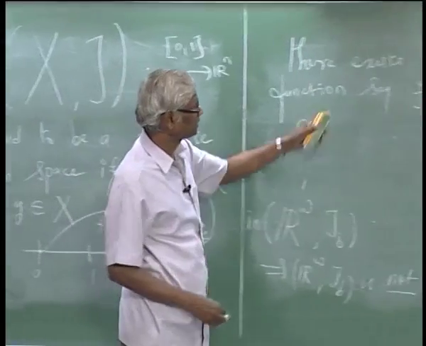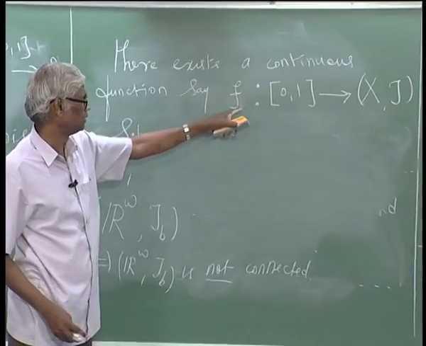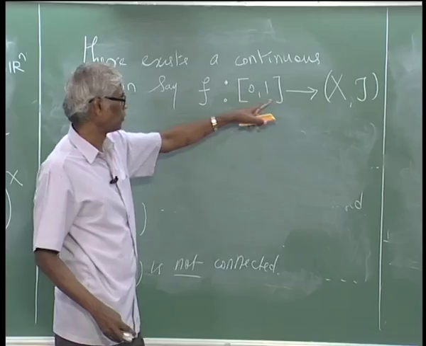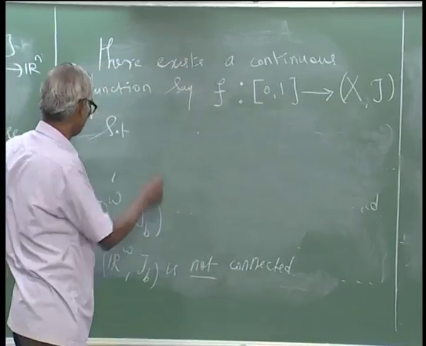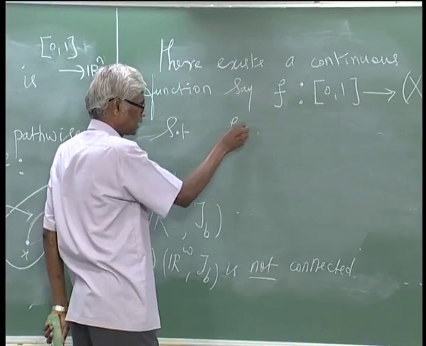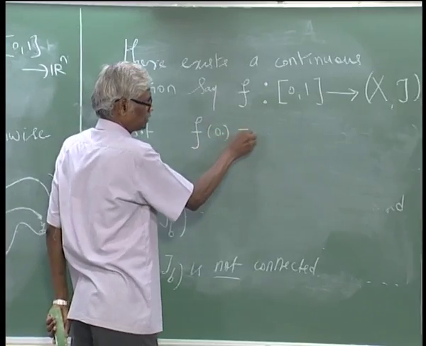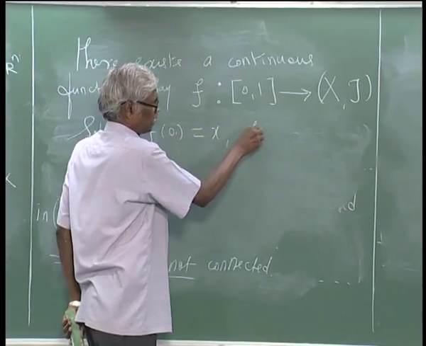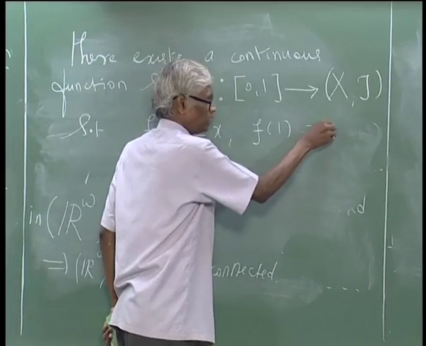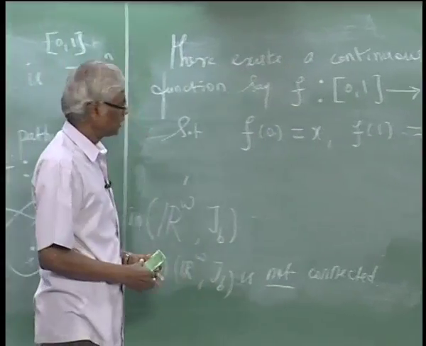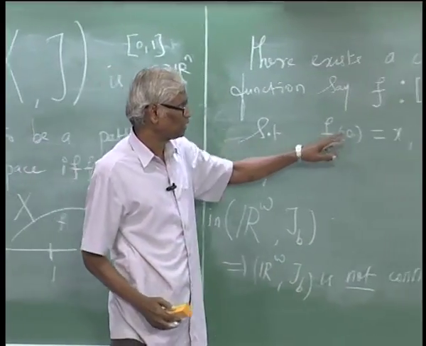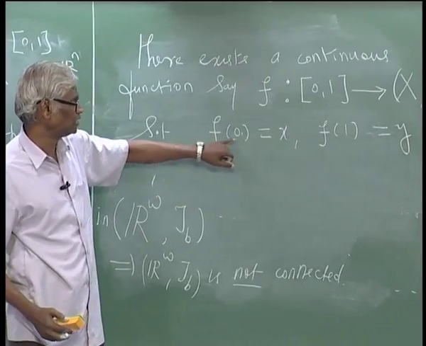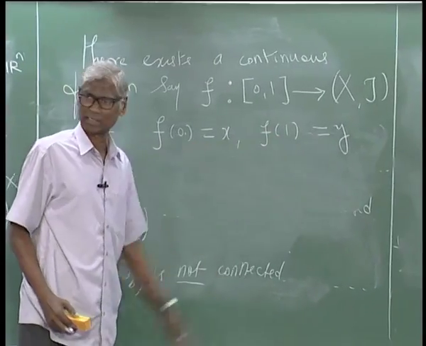So, there exists a continuous function f from [0, 1] to (X, tau) satisfying the condition that f at 0 is x and f at 1 is y. In fact, we call f a curve or arc joining x and y.